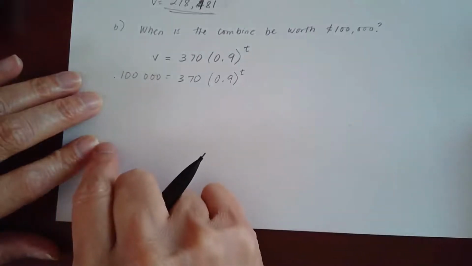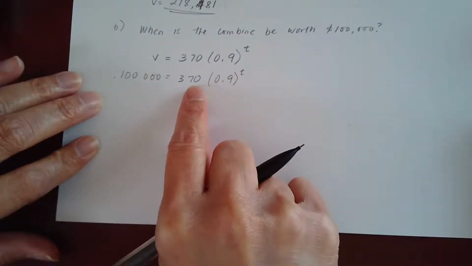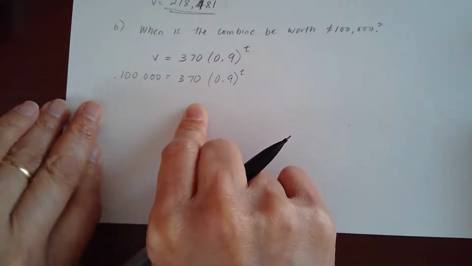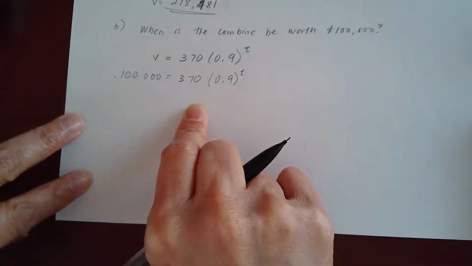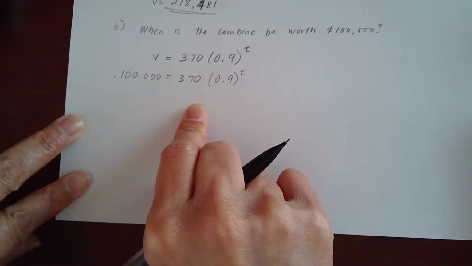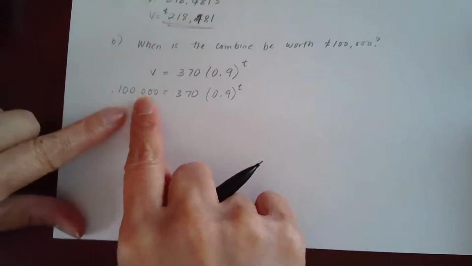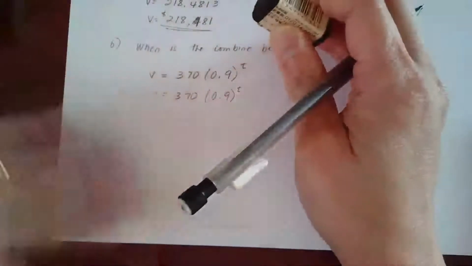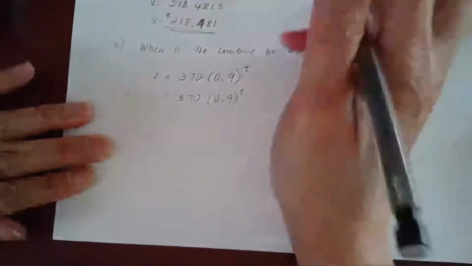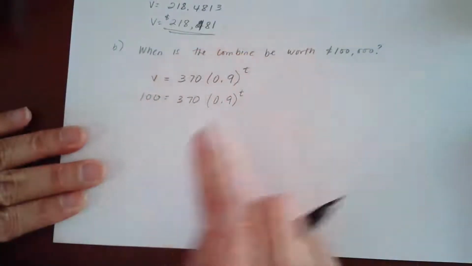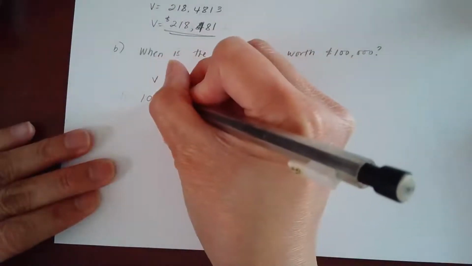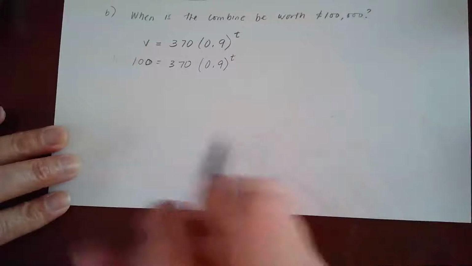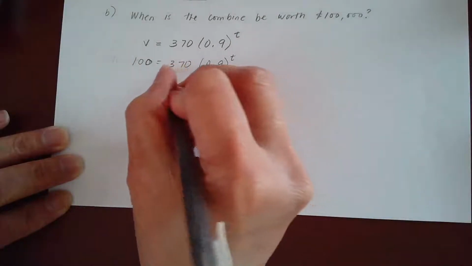Now what we can do is, if we want, we can divide each side by 370. Oh, actually here, because it's already in thousands, I don't have to write down 100,000 in here. So I'm just going to write down 100 because the value is in thousands. So divide both sides by 370.